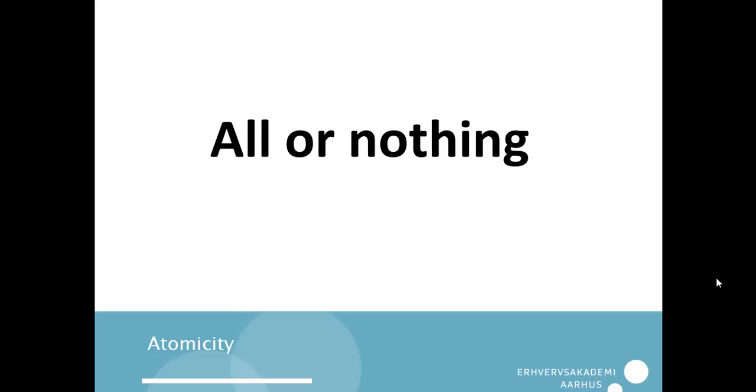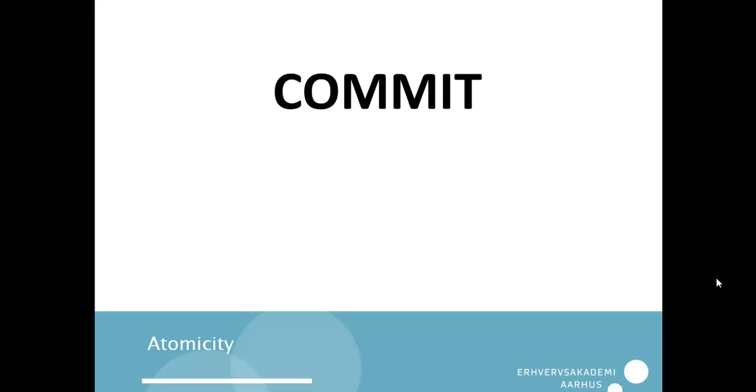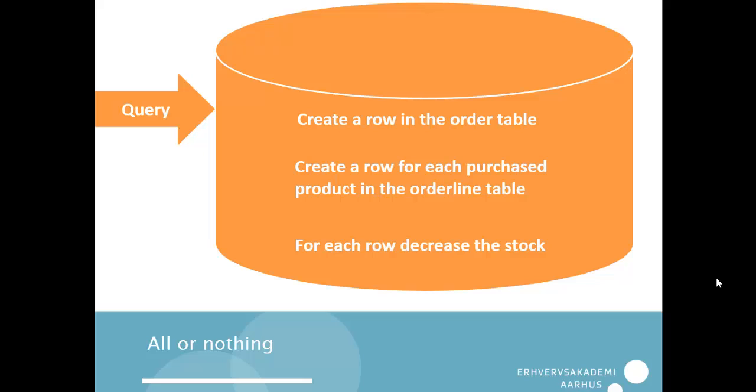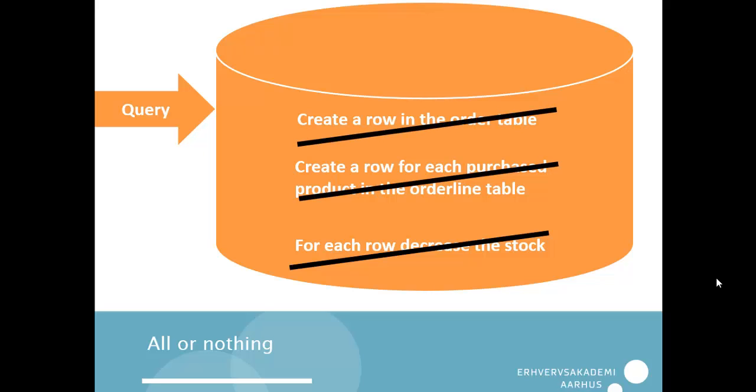Everything has to be successful, otherwise we don't do it. So it will be all or nothing. So it's commit or it's rollback. And as we saw before, if we don't do this, we don't do the previous steps either. So we will make a rollback.